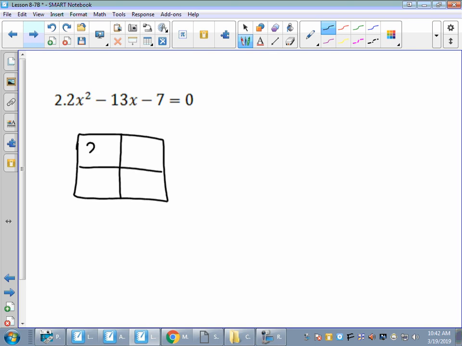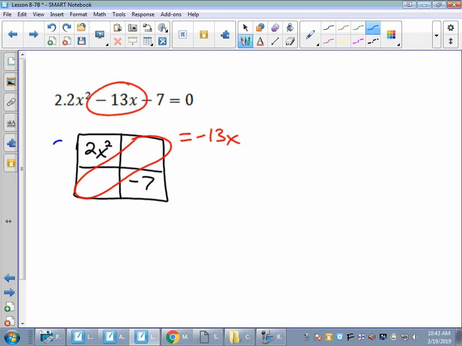Okay, so our first term, our a term goes in there, 2x squared. Our c goes in here. Last term, -7. And then we're trying to get numbers that are going to add on these diagonals to equal the middle term of -13x. Okay? So, again, 2x squared.